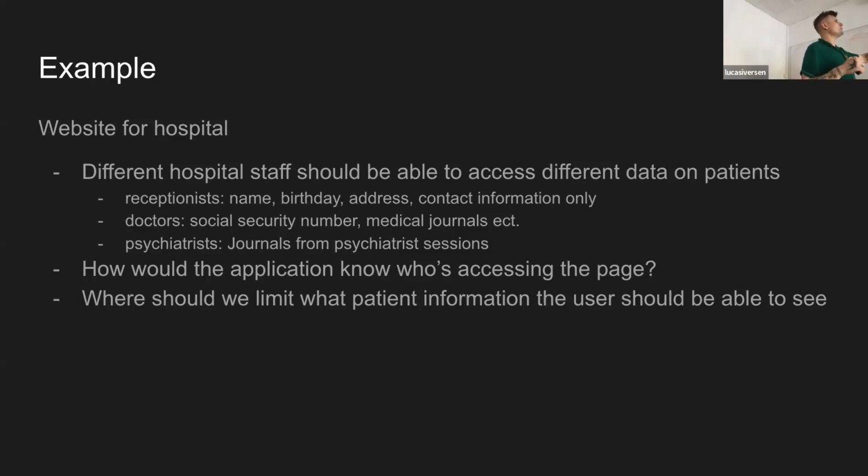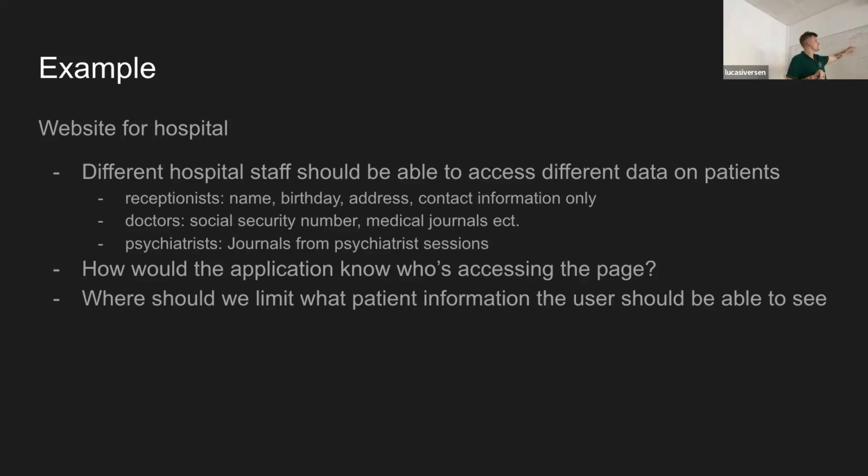Now the server knows who you are, so now we should limit what patient information the user should be able to see. And you can think of this like an if statement, right? If user dot receptionist, if user dot doctor, if user dot psychiatrist. The functionality, or the way to code it, is quite easy. But the thing that we have to make certain is that all of this happens on the server, not on the client.